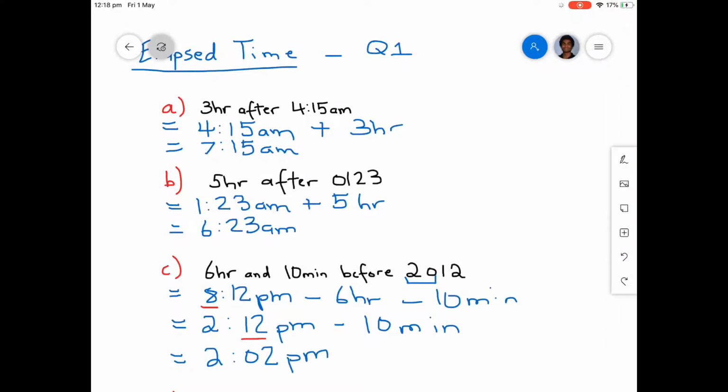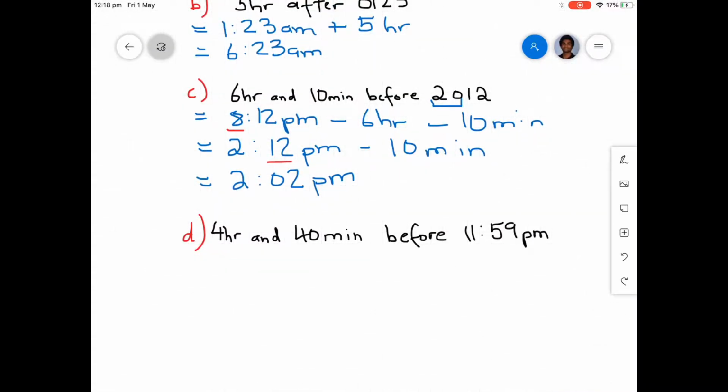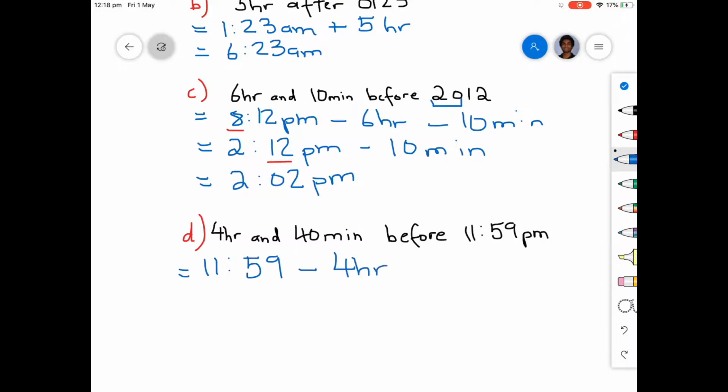Looking now at question 1d, we have 4 hours and 40 minutes before 11:59 p.m. Very similar to C. So we start with our starting time, which was 11:59 p.m. And because it's before, once again, we need to subtract 4 hours and then also take away those 40 minutes.